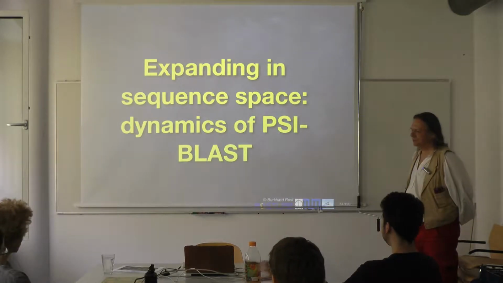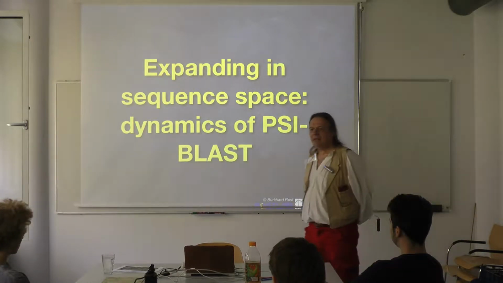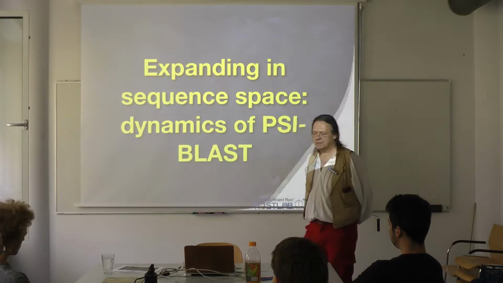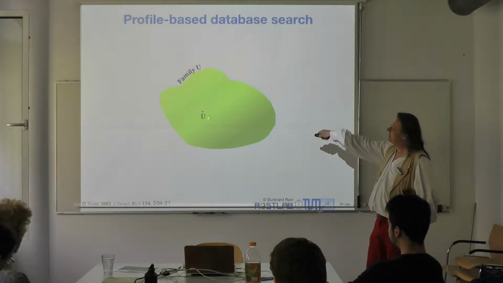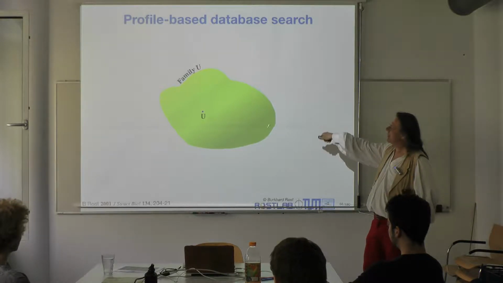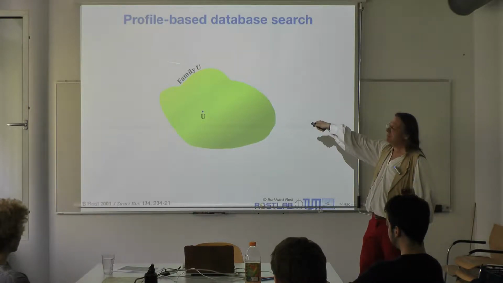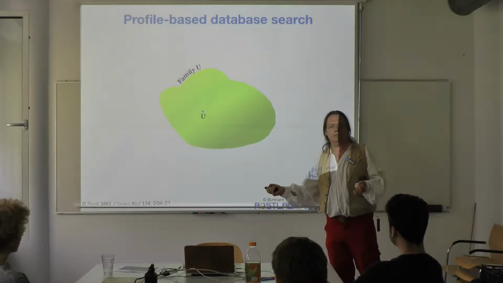Okay, so let's just explain what is going to happen in a typical PsyBlast hit. So we begin with an unknown sequence. This, say, would be my real family that I knew, and as family I now define things that have a similar structure.